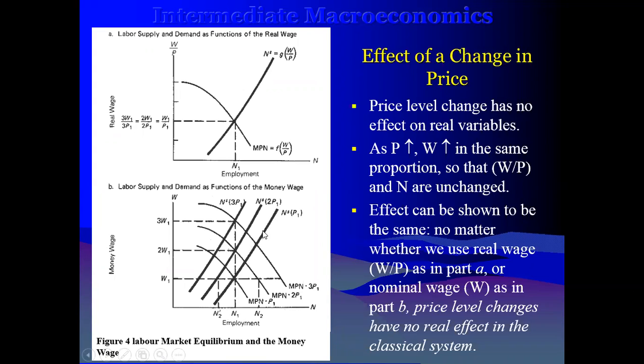So the labor supply curve will decrease, or shift to the left. This will be our new equilibrium. Only the nominal wage is moving up because of the increase in price. Workers call for an increase in wage, but you realize that N star is not changing.